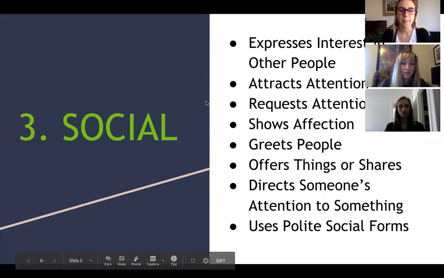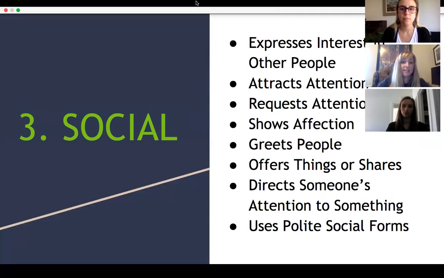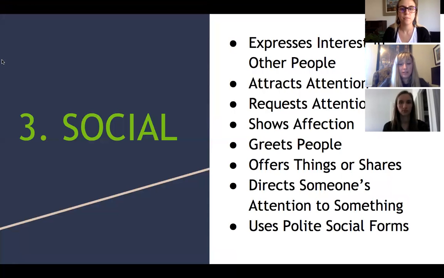So the third reason to communicate is for social interaction. And this is a big one for a lot of our students. This reason for communicating could be to attract attention, to show affection, to show that they're interested in you or a friend or anyone else, to offer or show things, to direct attention, and to use polite social forms.